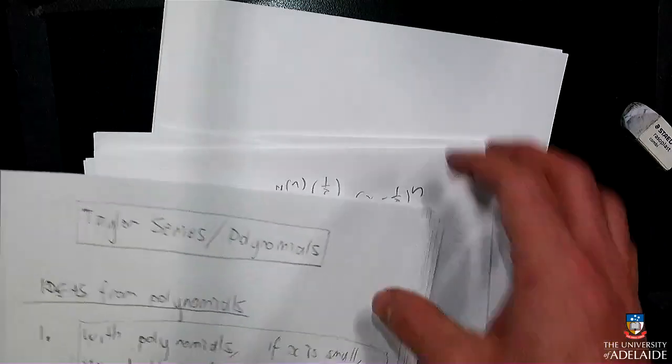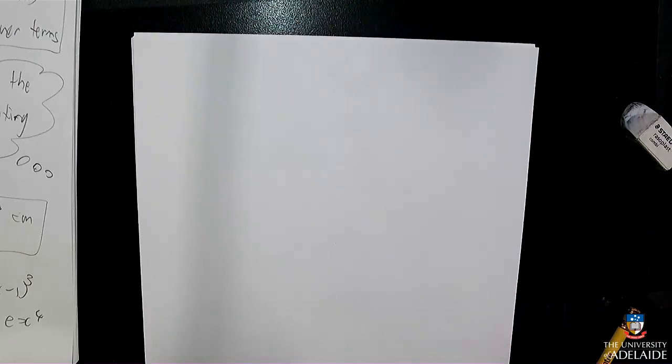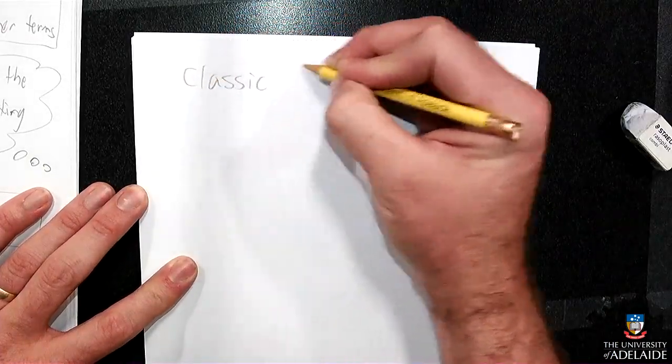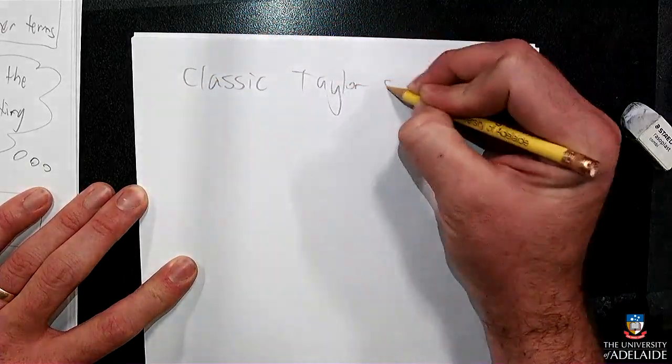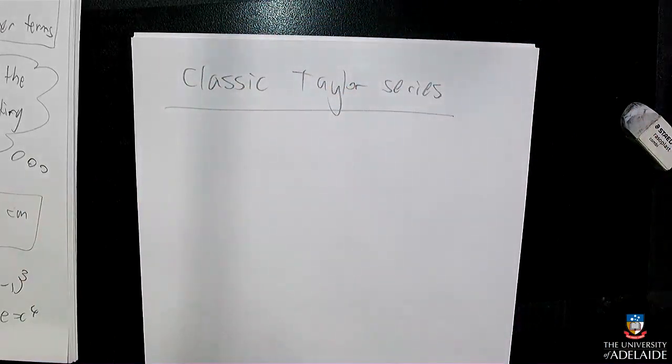So what I want to do is write down the classic Taylor series that you are expected to just know without figuring out. These classic Taylor series are all Taylor series with centre 0, just so you know.